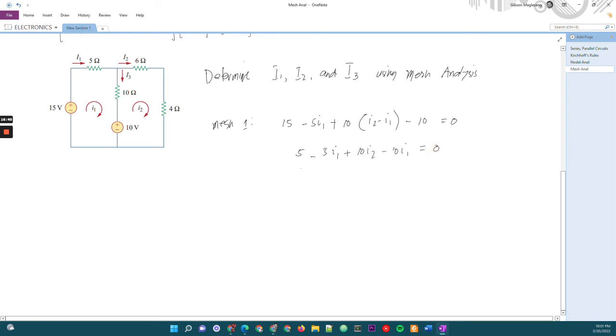So adding, you have negative 15 I1 plus 10 I2 equals negative 5. Divide the whole thing by negative 5, so we have 3 I1 minus 2 I2 equals 1. So this is the equation for mesh 1. How about for mesh 2?